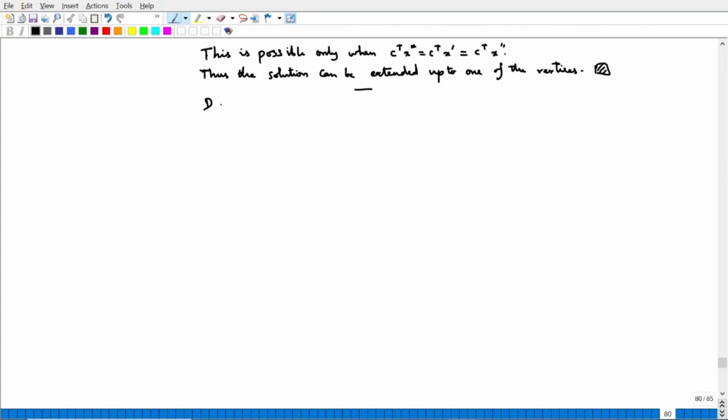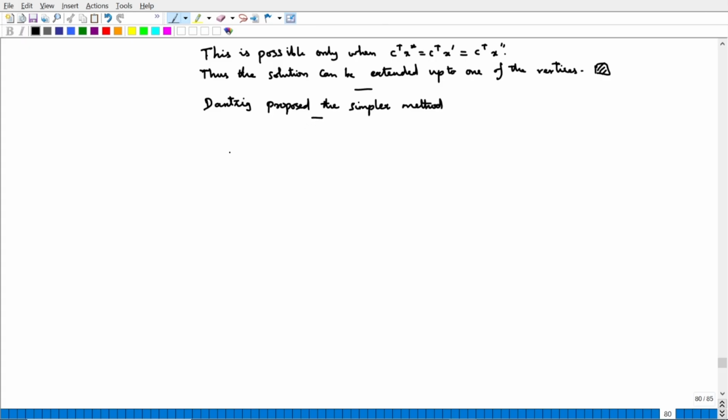So, I am going to explain how Dantzig's simplex method does it. Okay. So, if you people have not got the name already, it is Dantzig. Okay. So, this is the name of the person who proposed the simplex method.